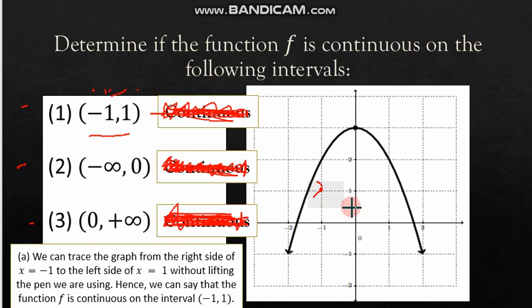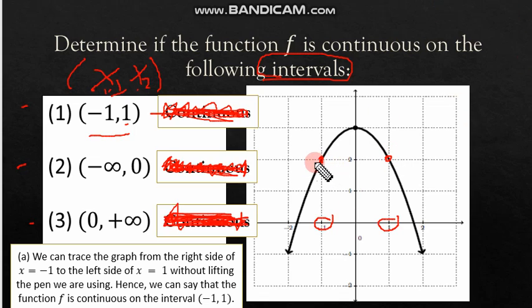We are talking about the interval, which means it will start from x sub 1 at -1 and end at x sub 2 at 1. So we will start to evaluate the continuity of a function on an interval from -1 up to 1.